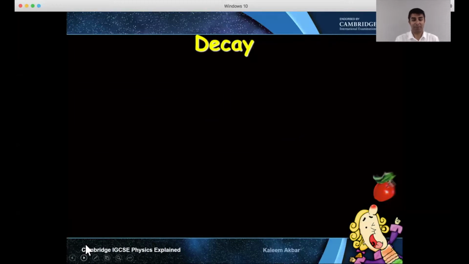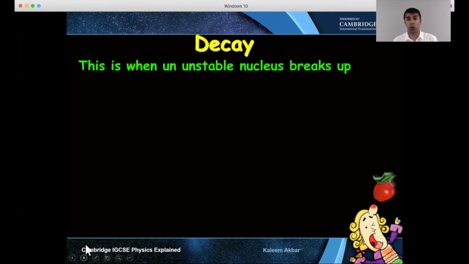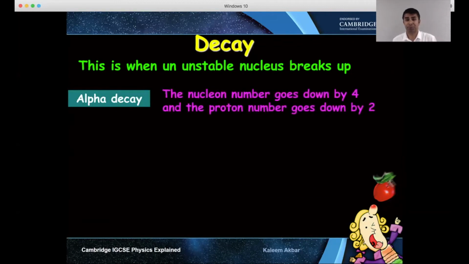Radioactive decay. For the purposes of the syllabus, you need to know about alpha and beta decay. Gamma is not so important for the IG because it has no mass. So, what happens during radioactive decay? This is when an unstable nucleus, as mentioned earlier from the bottom two rows of the periodic table in general, breaks up and forms something else.